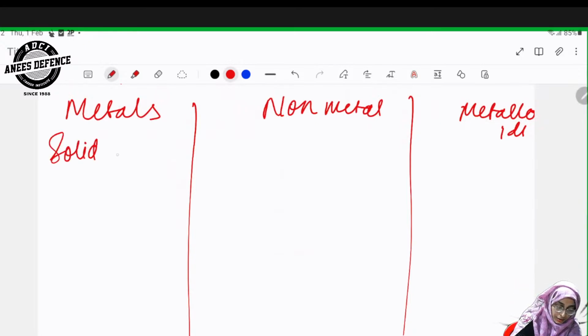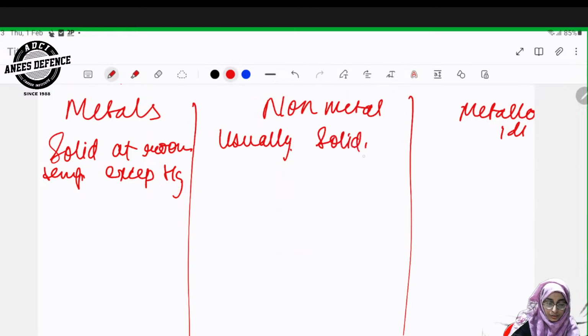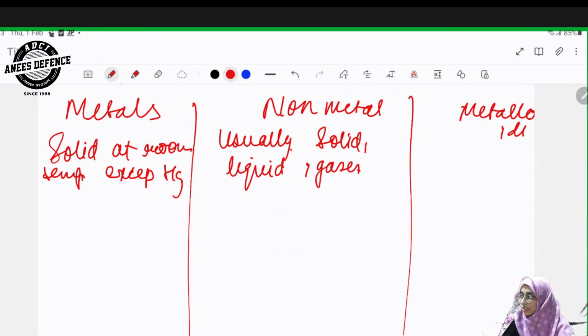Non-metals are usually solid, liquid, as well as gas. For example, solid: carbon; liquid: bromine; gases: oxygen, all these.